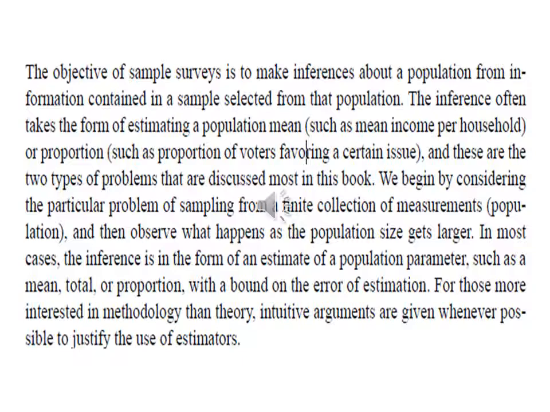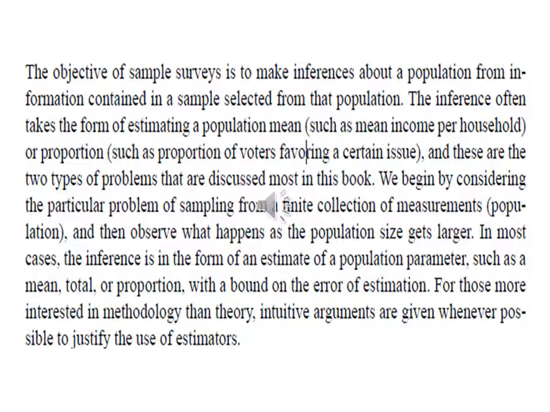The inference often takes the form of estimating a population mean, such as mean income per household, or a proportion, such as the proportion of voters favoring a certain issue. These are the two types of problems discussed most in this book.